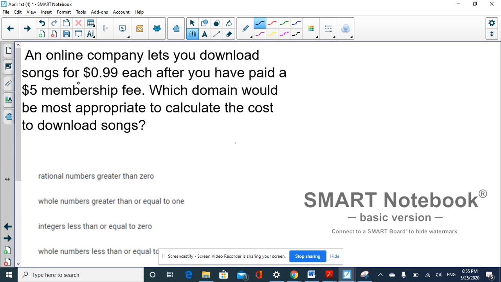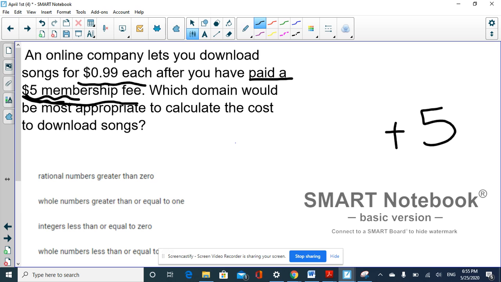We look for these numbers: $0.99 each and $5 as membership fee. This $5 you pay only one time. If you read this, after you have paid a $5 membership fee, so you will pay it only one time. That means it's a constant number. It will not change ever.